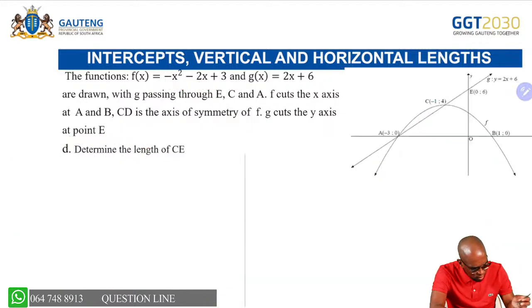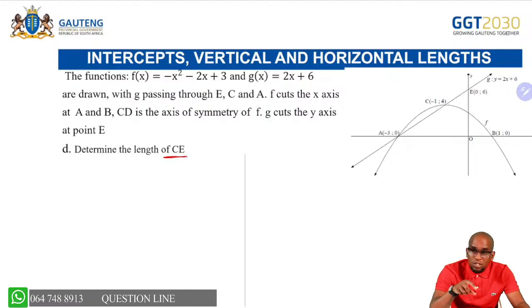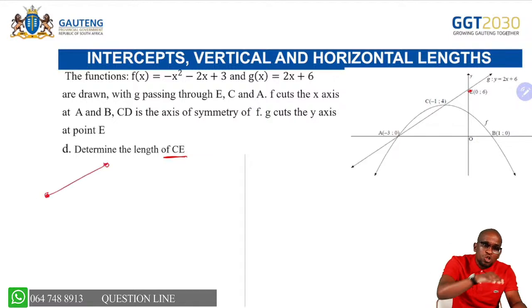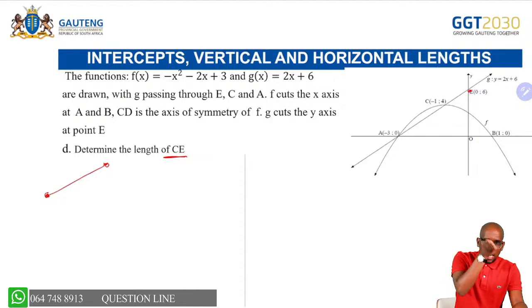Right. The next one, they say calculate or determine the length of CE. Now, I've attached the coordinates of all the other points now. We are looking for the length of CE. Remember, we've calculated the coordinates of E, we've calculated the coordinates of C, the coordinates of A, and the coordinates of B. Now, if you look at CE, CE is not horizontal, CE is not vertical, but diagonal.